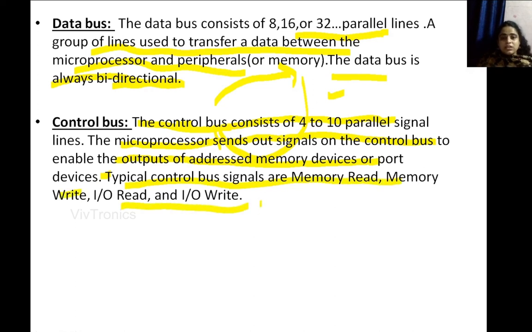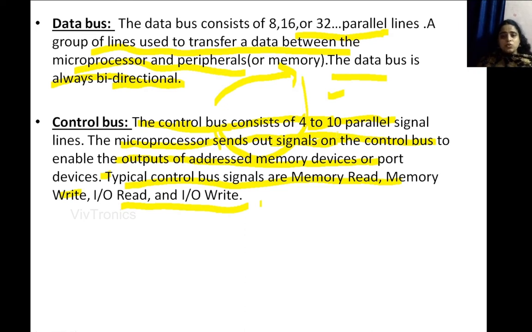So whenever it has to access a specific memory device, or perform a specific operation, the control bus is used.